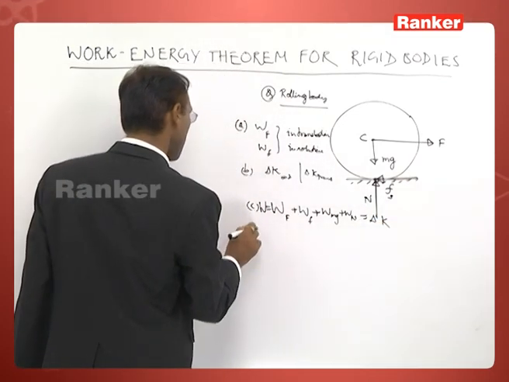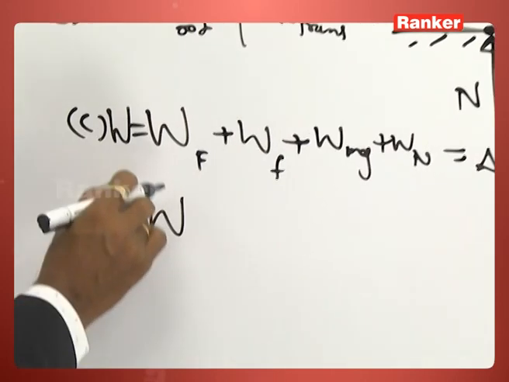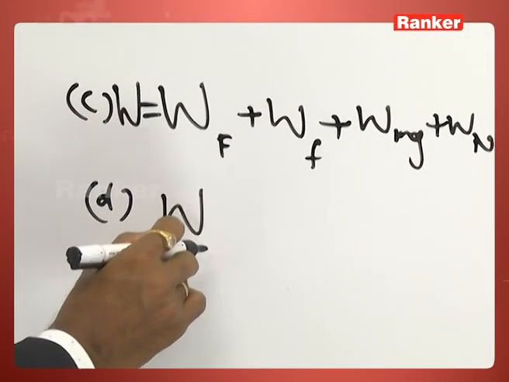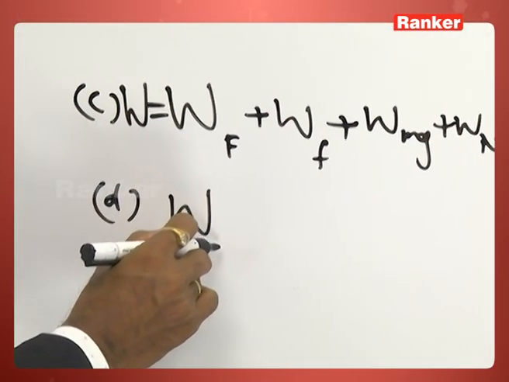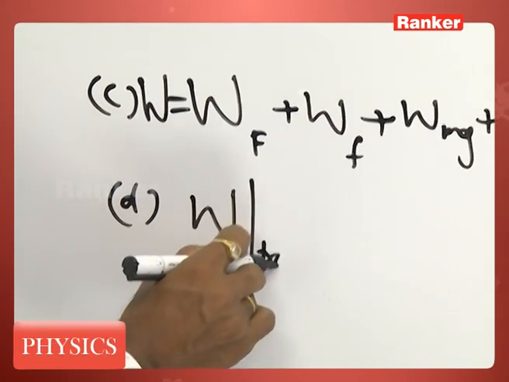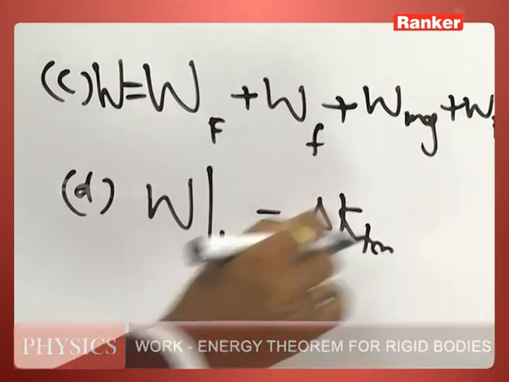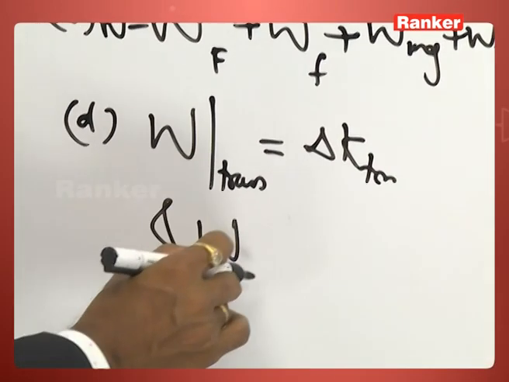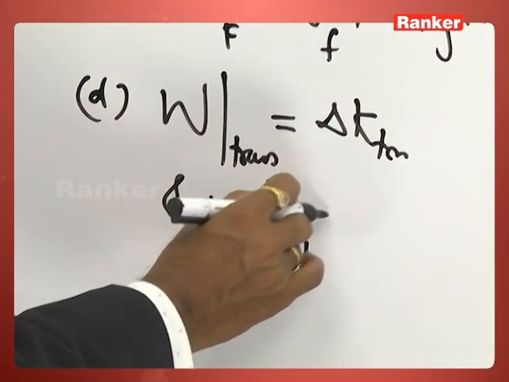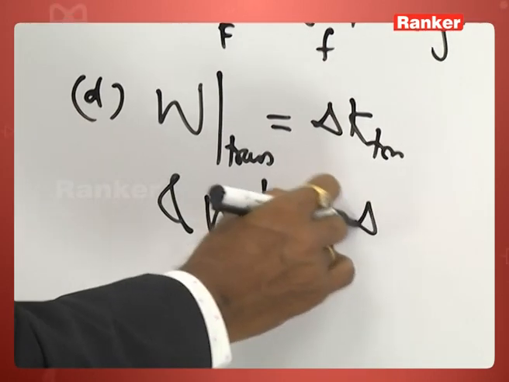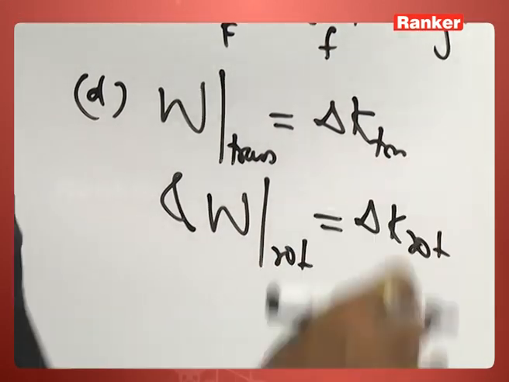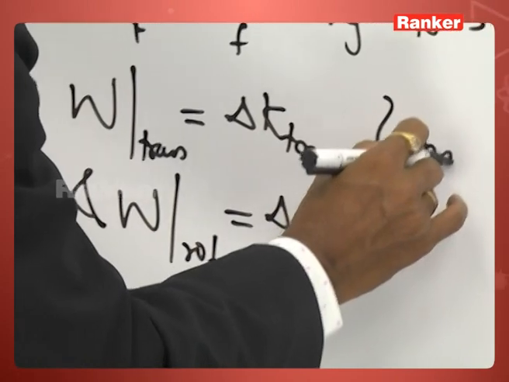And we need to verify that the work done by all forces in translation is equal to the change in translational kinetic energy, and the work done by all forces to rotate the object is equal to the change in rotational kinetic energy. We need to verify.